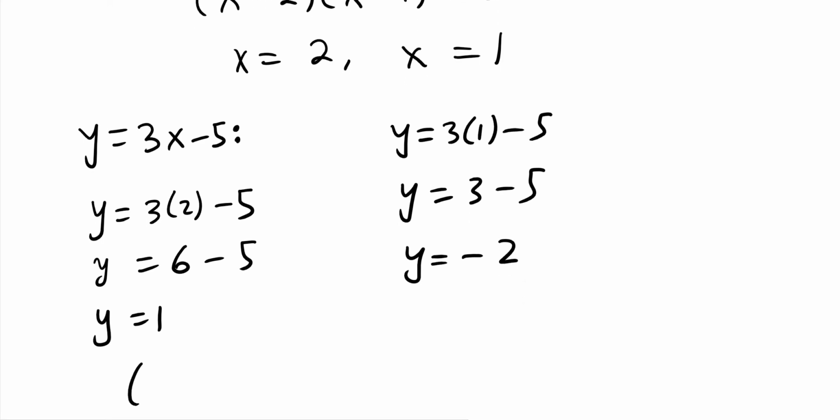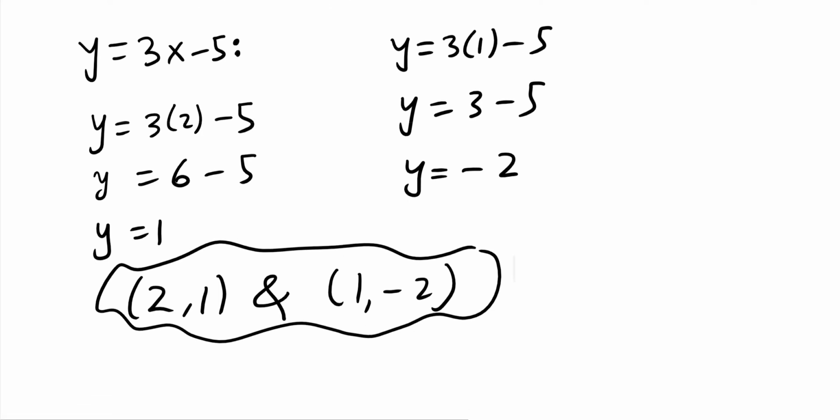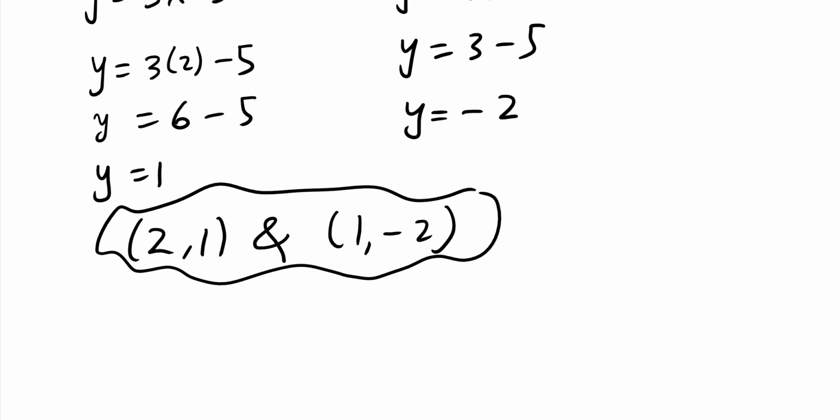So 2 comma 1, and 1 comma negative 2. Okay, so that's what we got for solutions. And as I said earlier, always check the answers by substituting these back into the original equation.